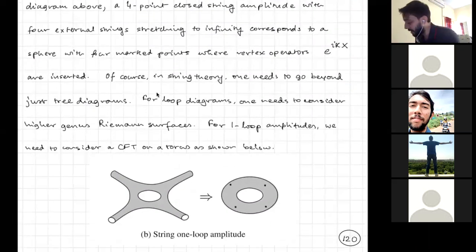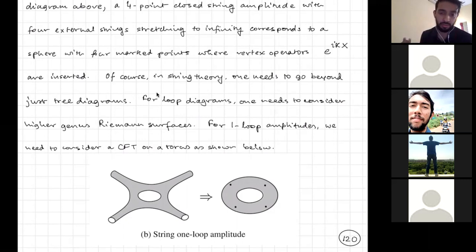That naturally brings us to higher genus Riemann surfaces, and you need to look at CFTs on these higher genus Riemann surfaces in order to look at the consistency of string theory.